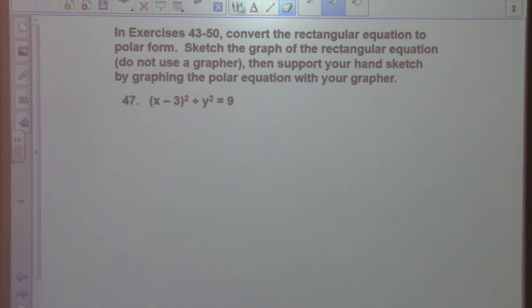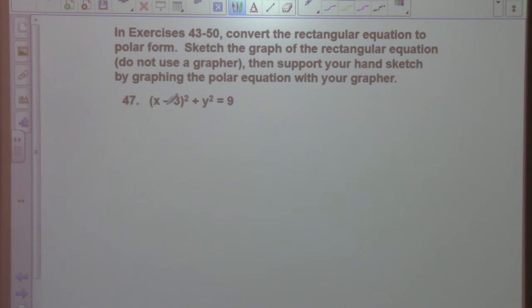So for 47, what we're going to do to convert from this, but I also want to go ahead and try to figure out what kind of circle this is going to be. This is going to be a circle.